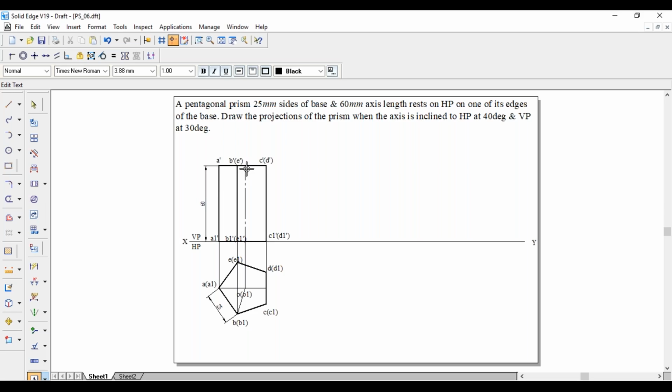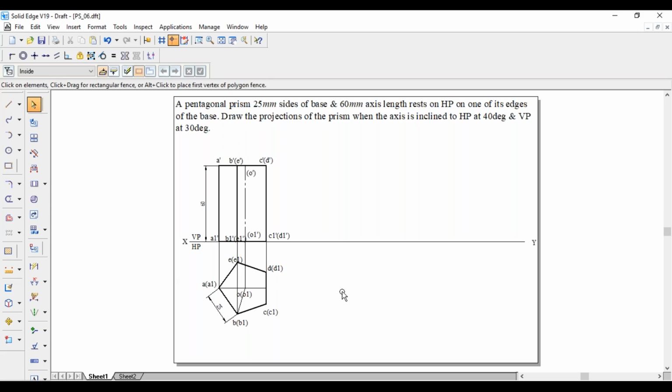That's coming to axis in the bracket O dash, and this one is in the bracket O1 dash. This completes the first question.